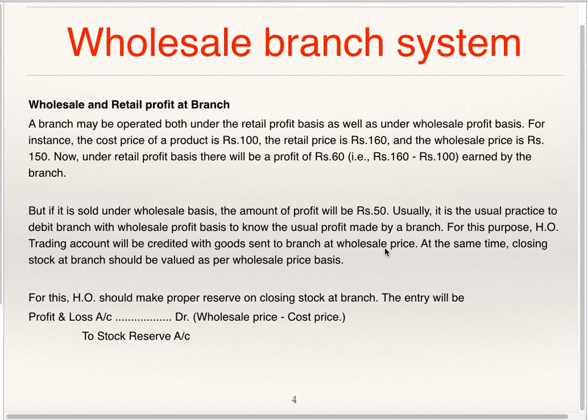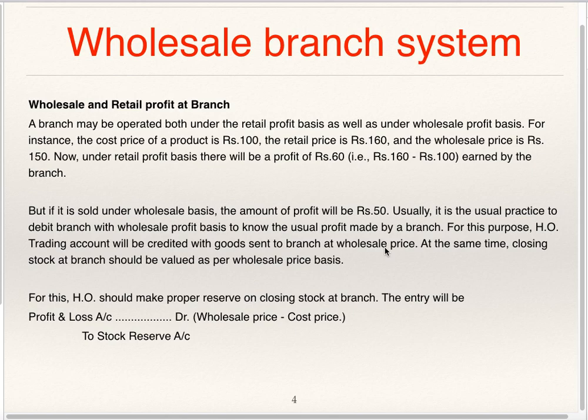You are supposed to prepare a columnar trading account where you have 2 columns, head office as well as branch. Head office is sending goods and branch is receiving goods. So on the branch account debit side, it is to be recorded as received from head office.